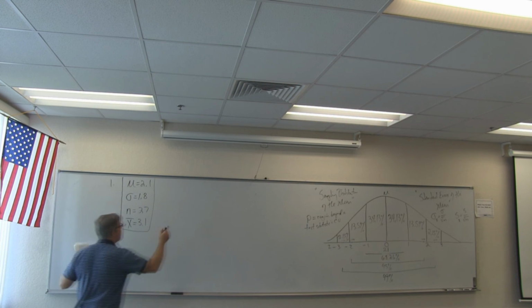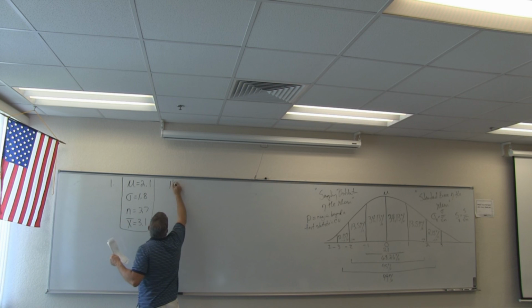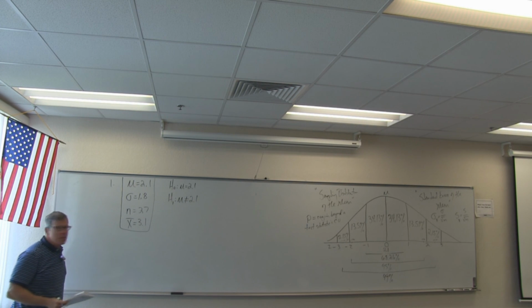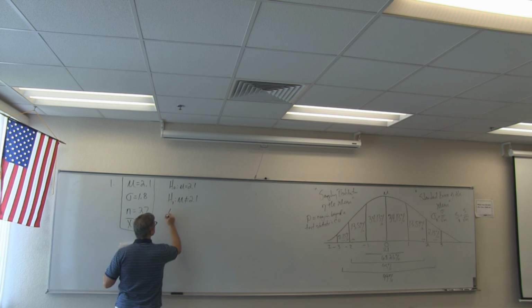We're going to set the null hypothesis H sub 0: mu equals 2.1. The alternative hypothesis H sub 1: mu is not equal to 2.1. Again, we have a two-tailed null and alternative scenario. This thing calls for an 0.05 alpha and a two-tailed test.